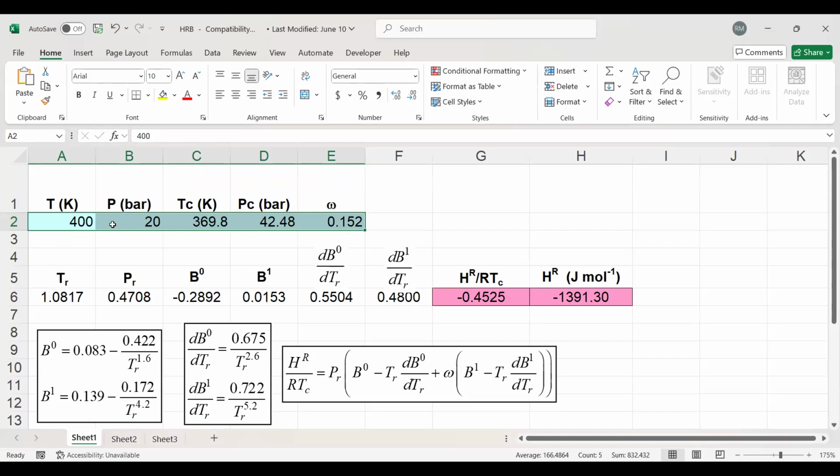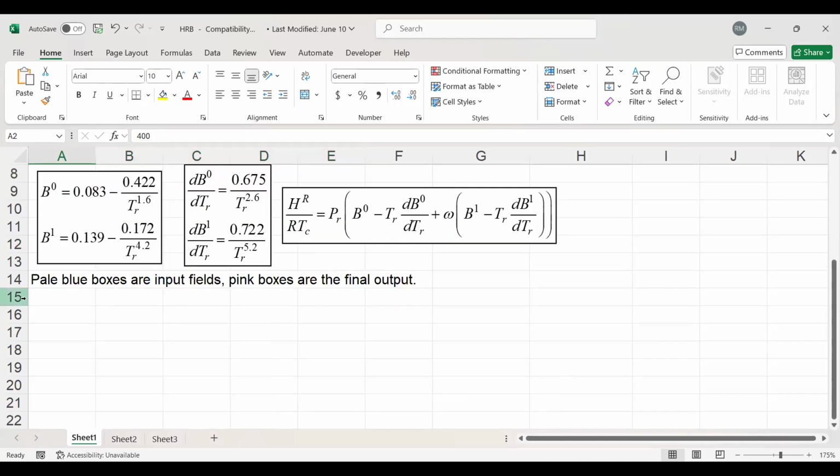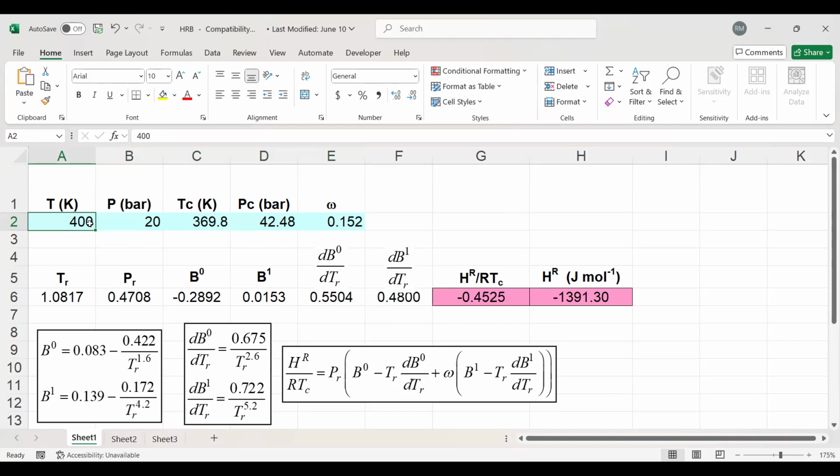This calculates the residual using the second virial coefficient correlation. You just have to fill in the blue boxes. The temperature for the inlet is 400. This is a flow process, so inlet, not initial.